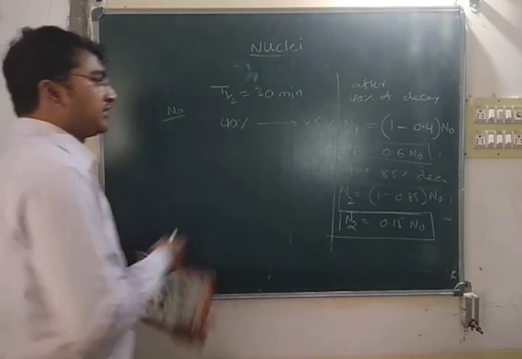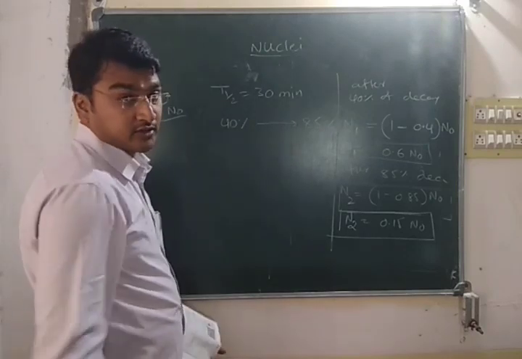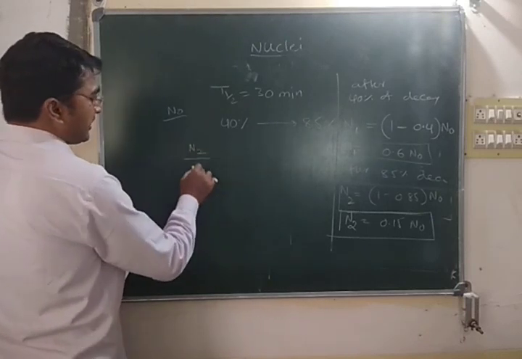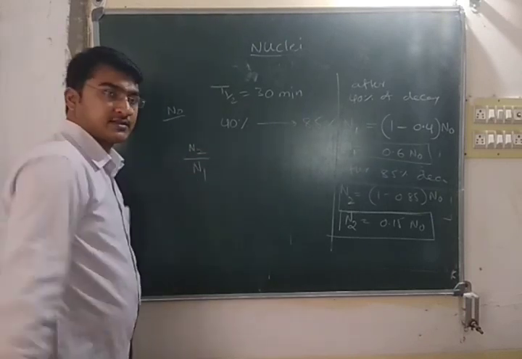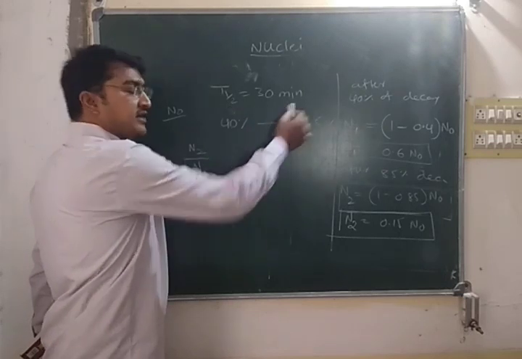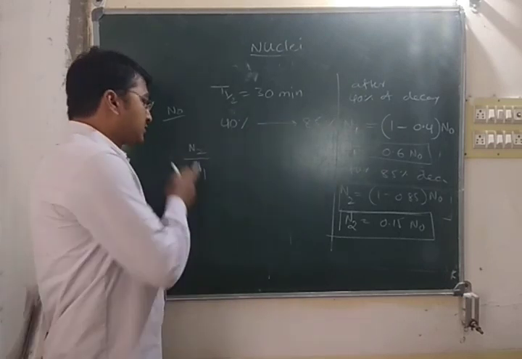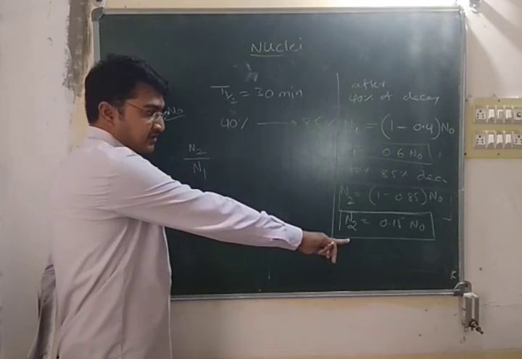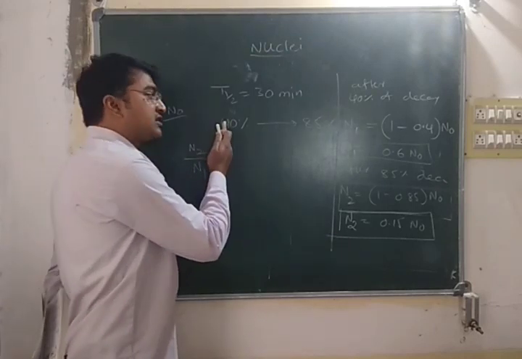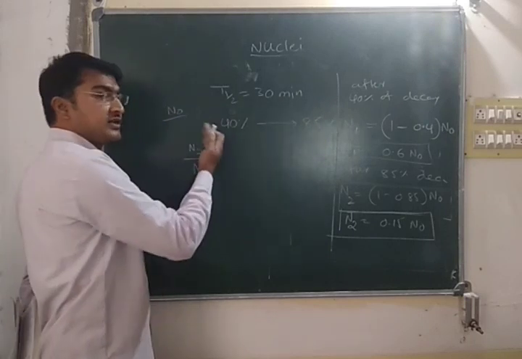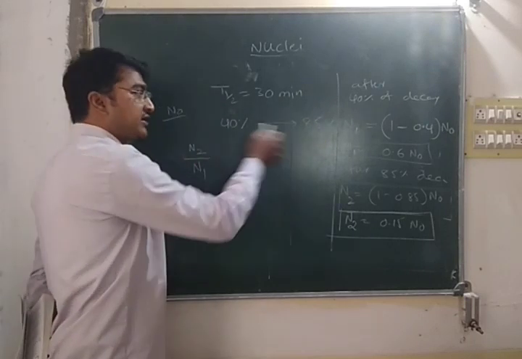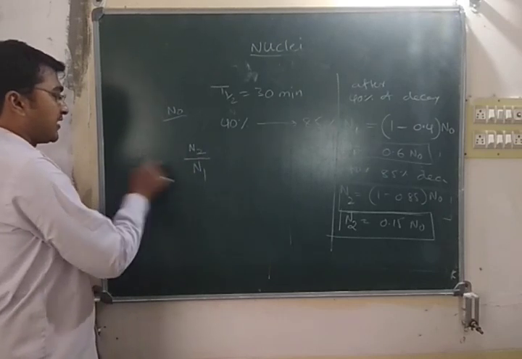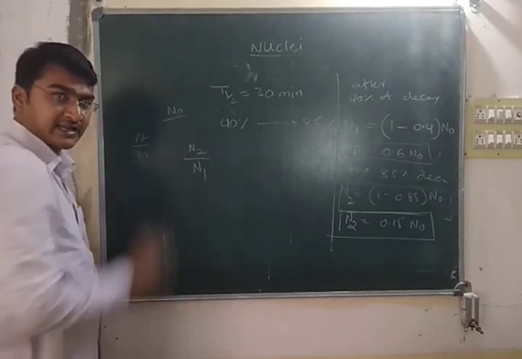Then we take final divided by initial: the final number of nuclei divided by the initial number of nuclei, the same as we apply normally.